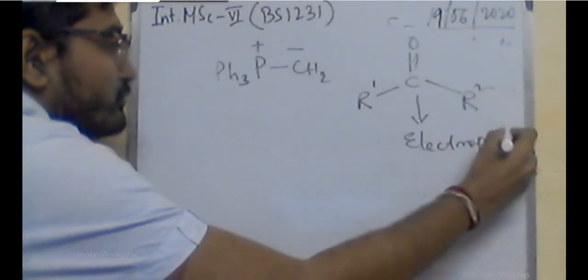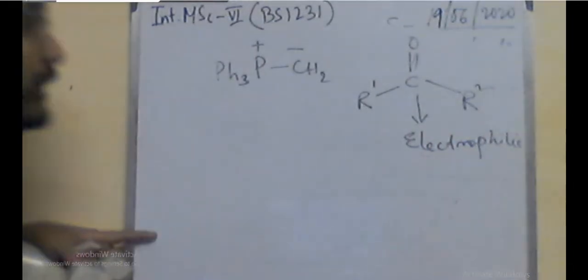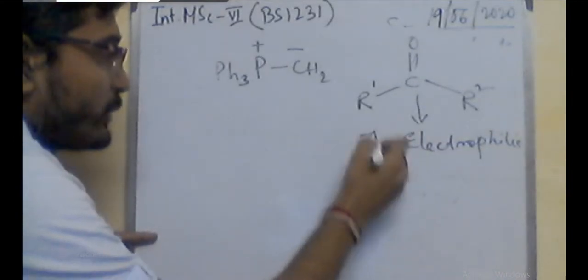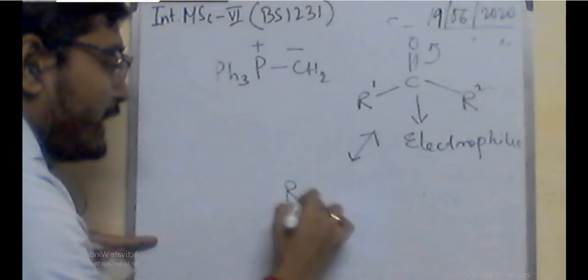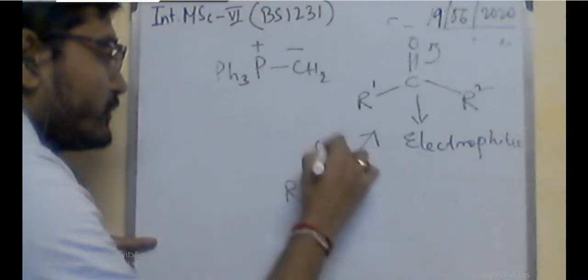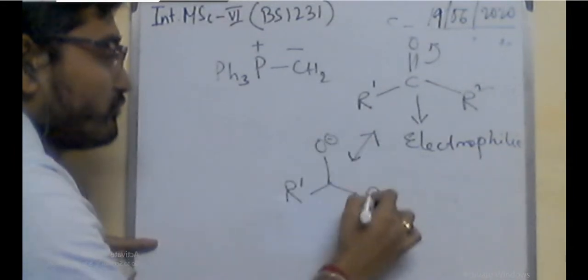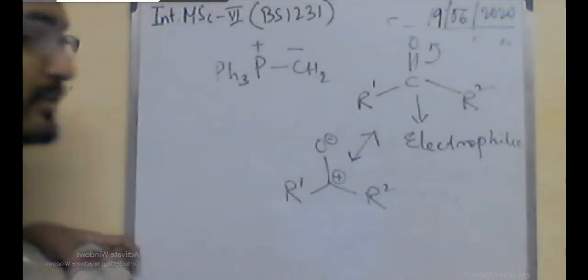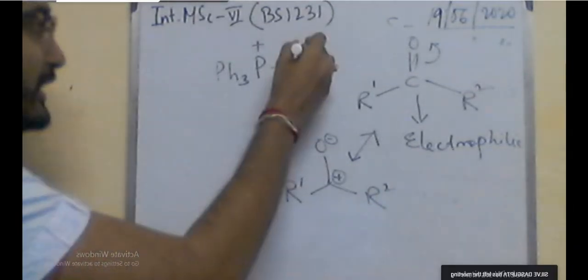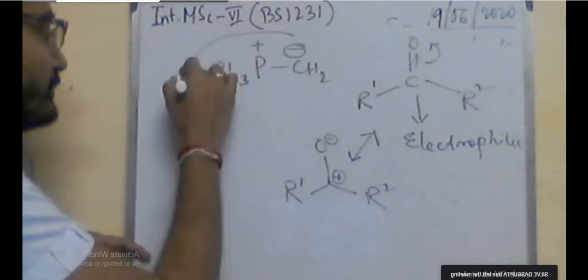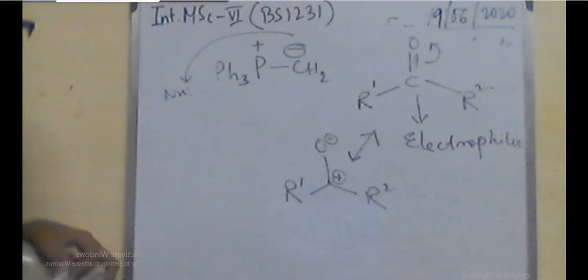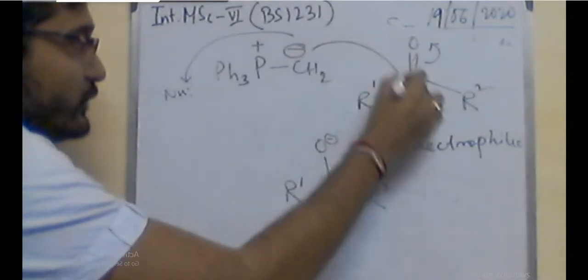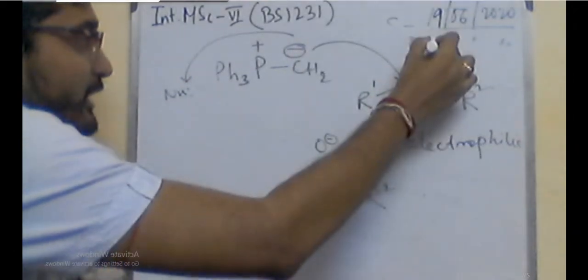In the resonance structure, which I showed in the last class, the carbon is plus and the oxygen is minus, so this center is electrophilic and the ylide carbon is the nucleophilic center. So nucleophilic addition will take place. The ylide attacks here, and the negative charge is localized on the oxygen.